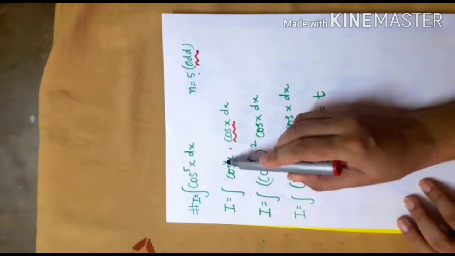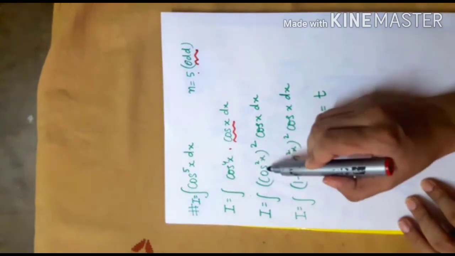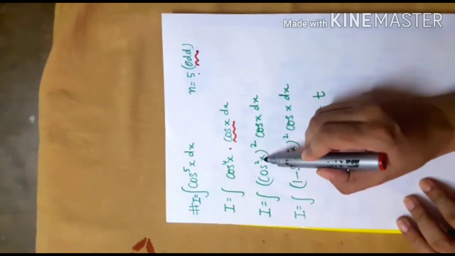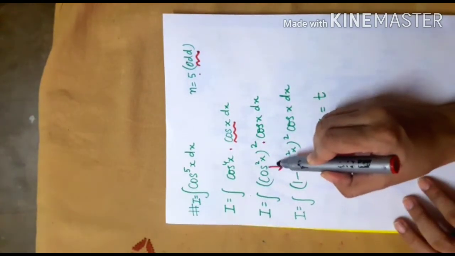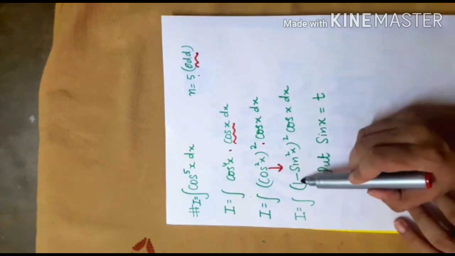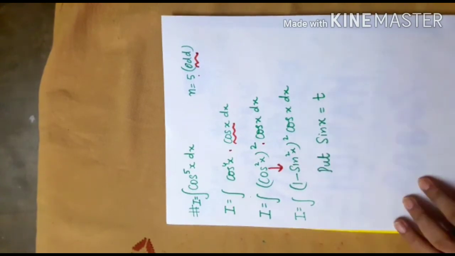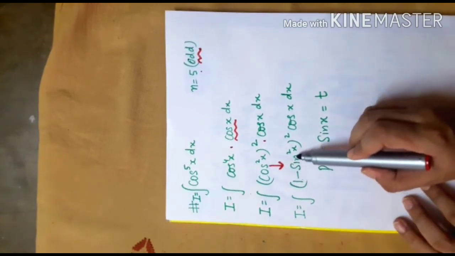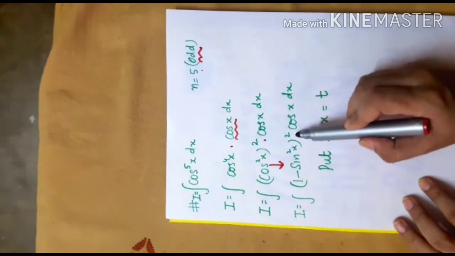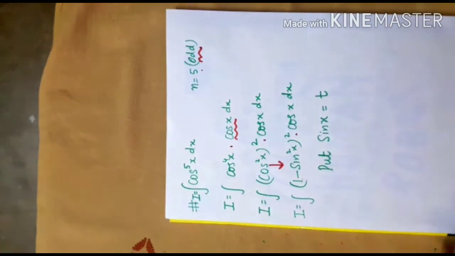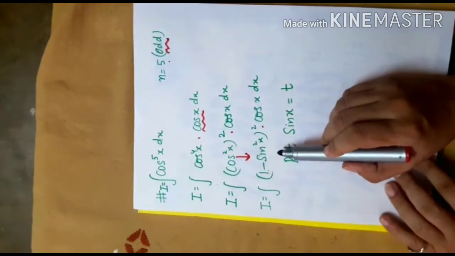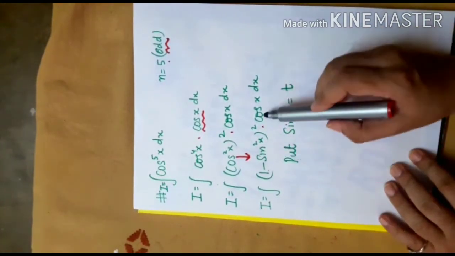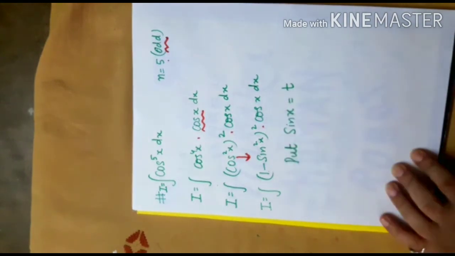Now this cos x to the power 4 can be written as the square of cos square x, right? And I change this cos square x to 1 minus sin square x. So I'll get 1 minus sin square x whole squared into cos x dx. So now can you think of a substitution? Yes, cos x is the derivative of sin x.